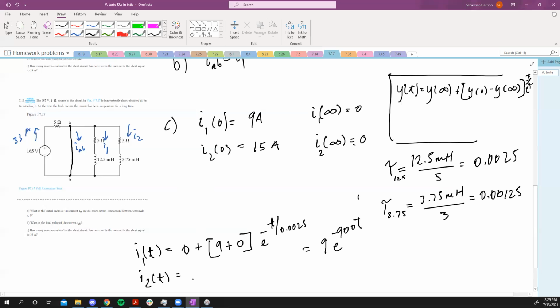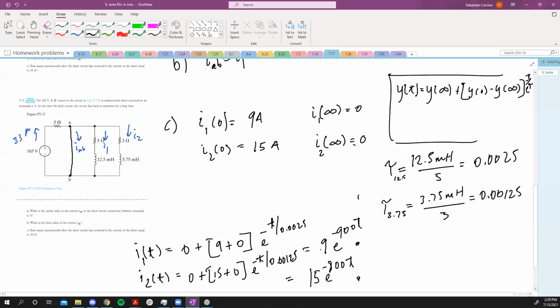Same thing here: 0 plus 15 e to the negative t over 0.00125. 1 over 0.00125 is 800. Okay, so these are our values here.